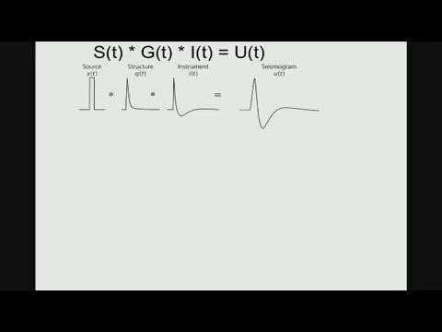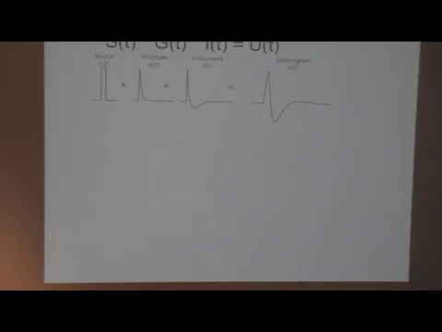And that's what we're after when we want to determine the slip distribution. To get that, we have to assume that we know these other two operators. So the source is convolved with what's often called the Green's function, which contains all of the information about the propagation.